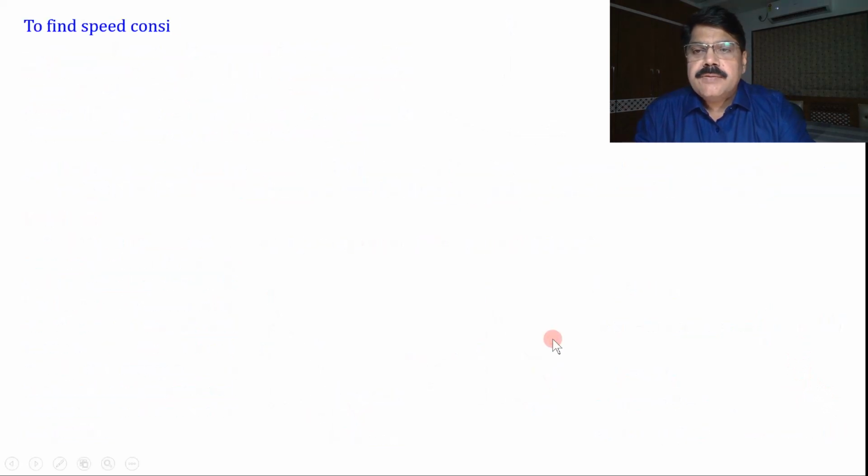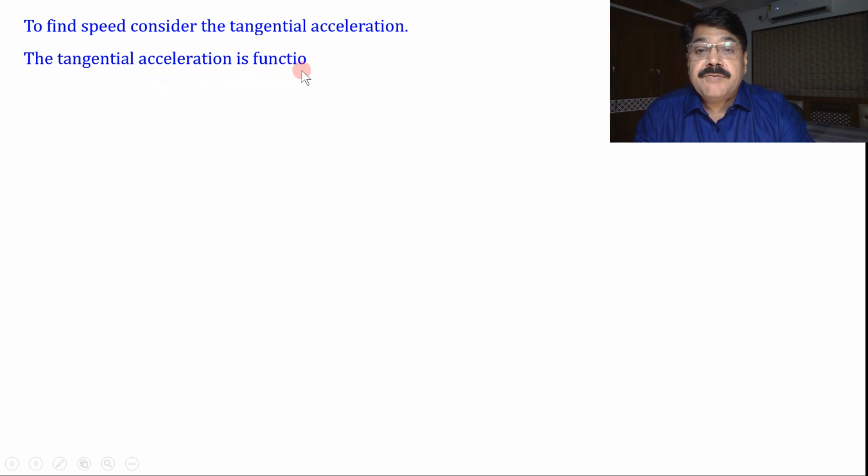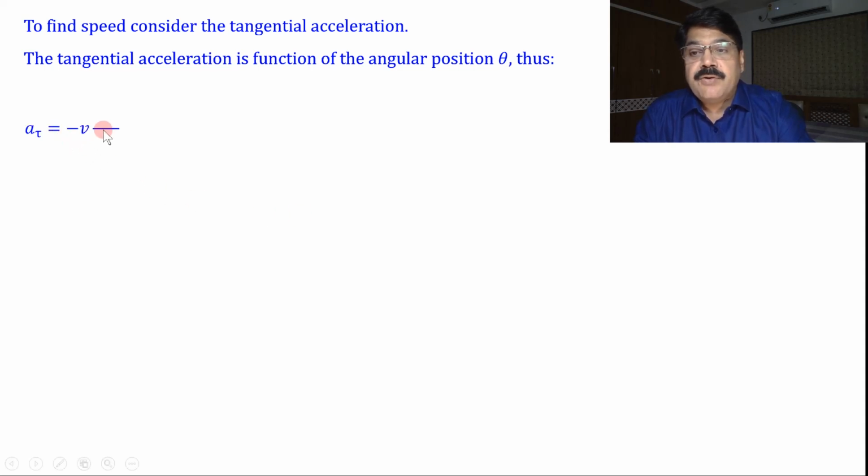To find speed, consider the tangential acceleration. The tangential acceleration is a function of the angular position theta. Thus we can write a_tau equals v dv by ds, and for ds we can write l d theta, an infinitely small arc. So a_tau equals minus v dv by l d theta.